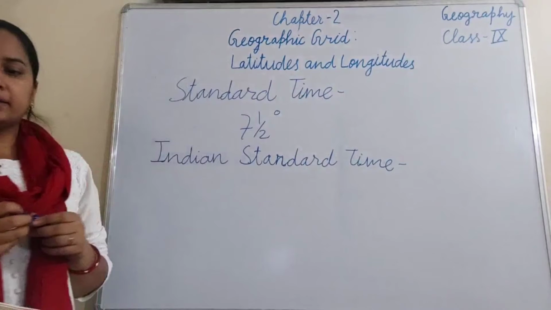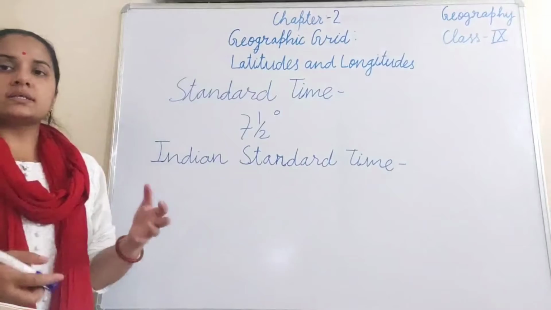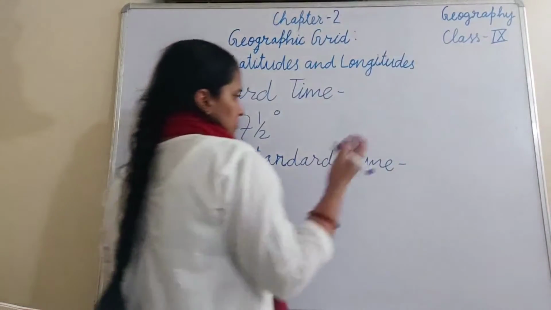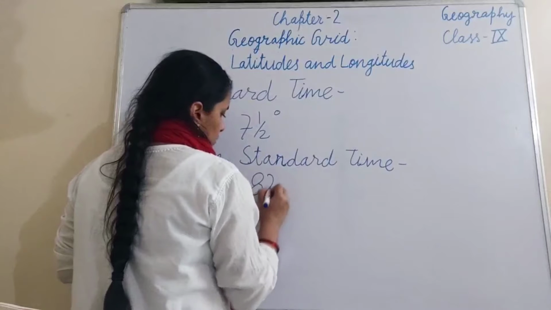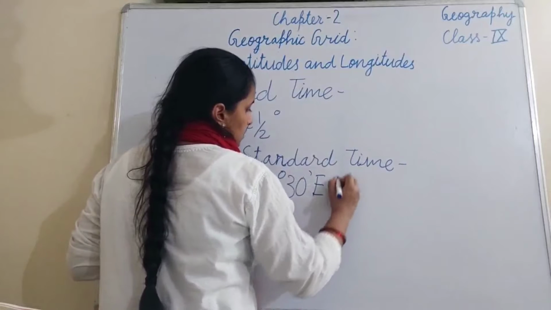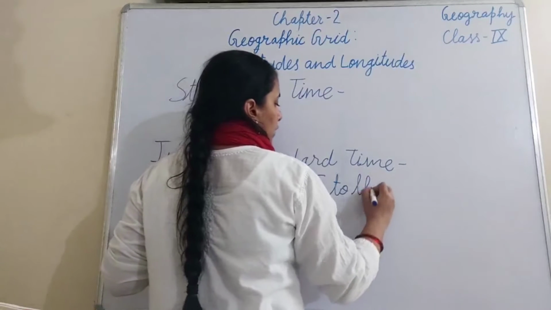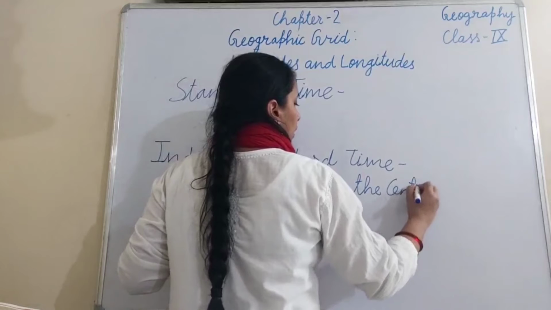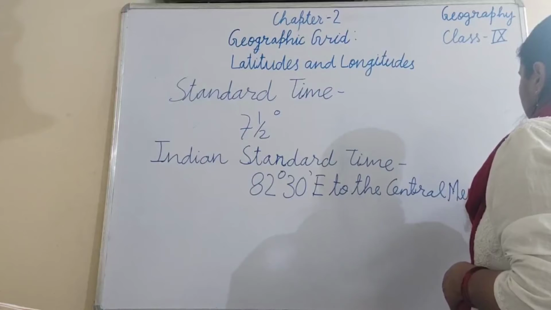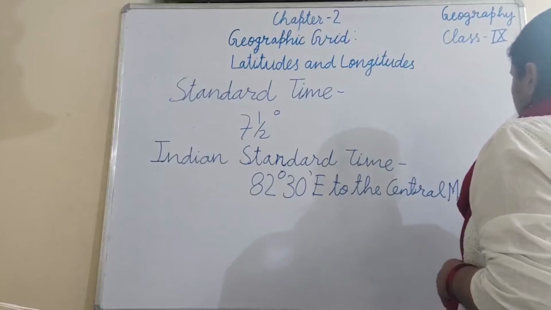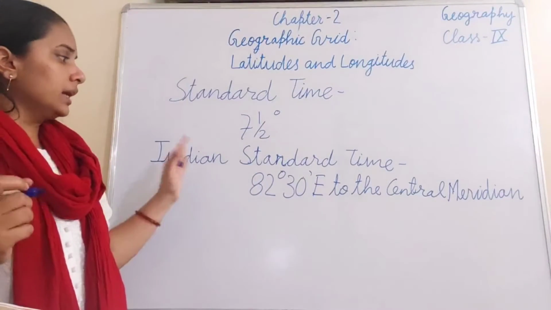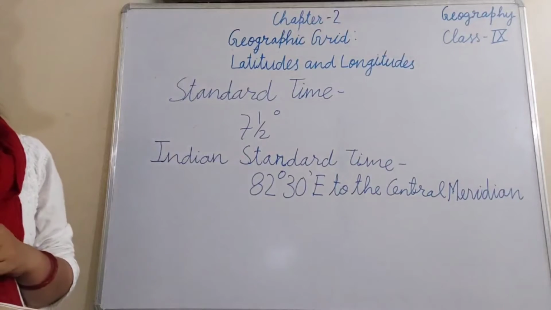the Indian Standard Time in our country, in India, it is 82 degree and 30 minutes east to the central meridian.